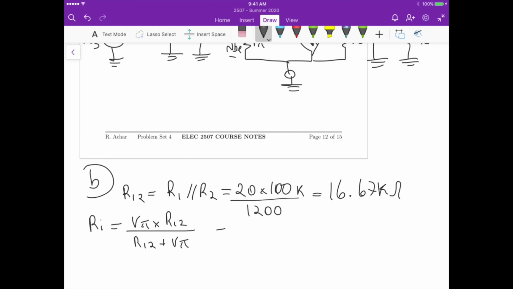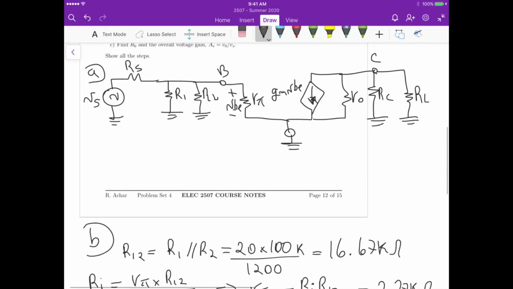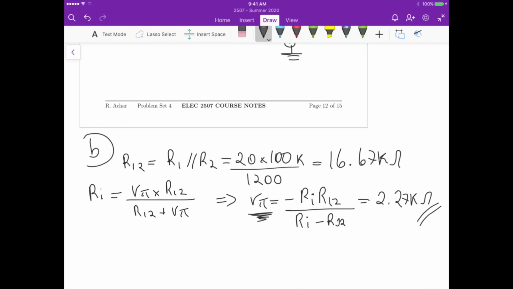If we isolate R pi, it's equal to minus R12 Ri divided by Ri minus R12. And this gives us 2.27 kilo ohm. So this is the first term that we have defined for the small signal model.